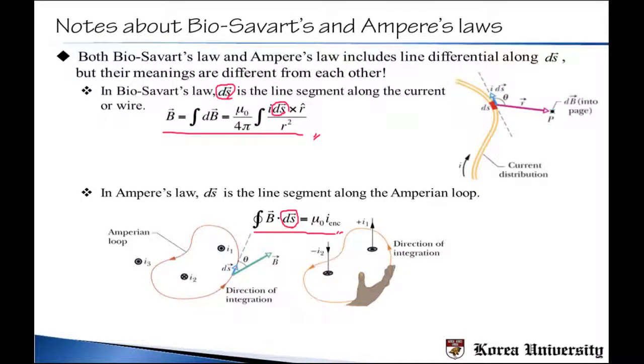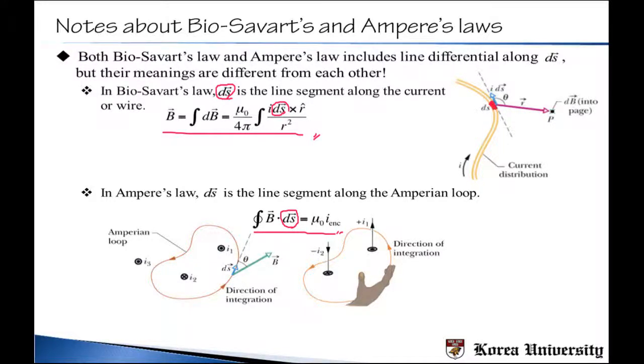But in the case of the Biot-Savart law, this length factor follows the current, right? Since the current cannot be a vector, ds is used to represent the direction of the current and, at the same time, the length of the wire.